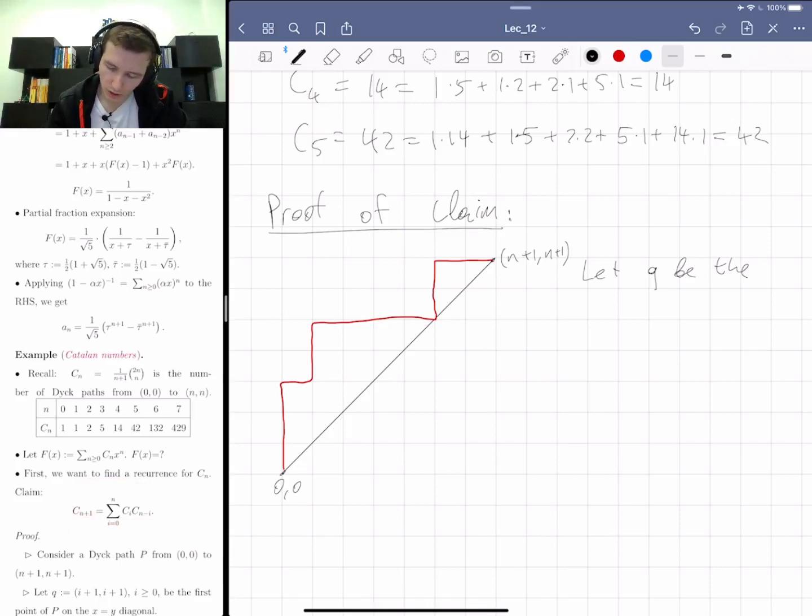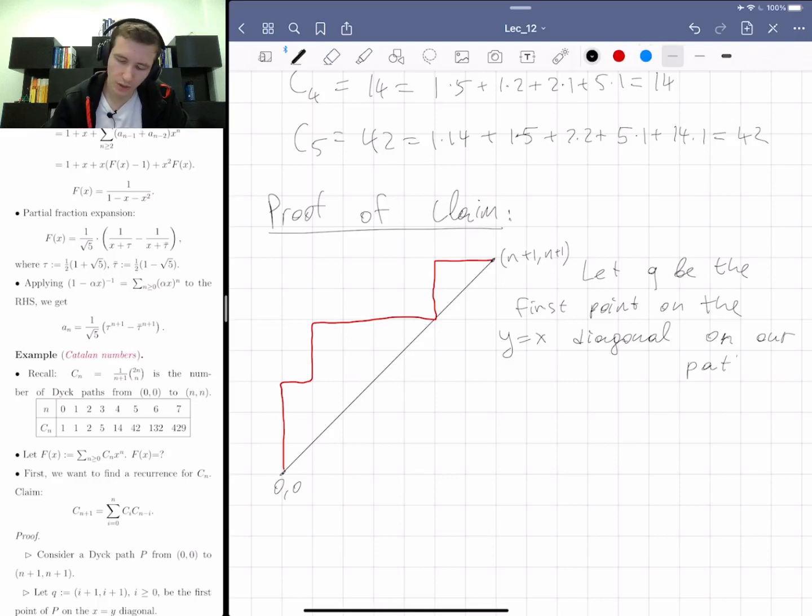And let q be the first point on the y equals x diagonal on our path. Of course there's 0, 0, but q has to be the next point after 0, 0. So this point right here is q.